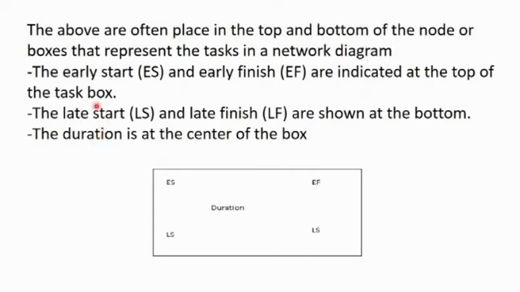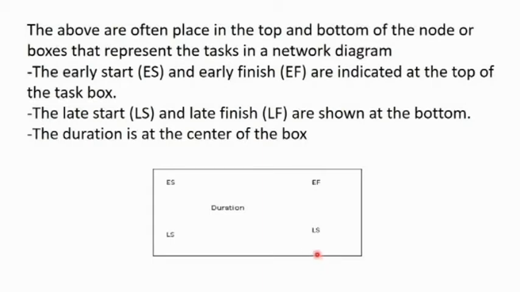The early start is at the top left of the box, and the early finish is at the top right of the box. The late start is at the bottom left of the box, and the late finish is shown at the bottom right of the box.